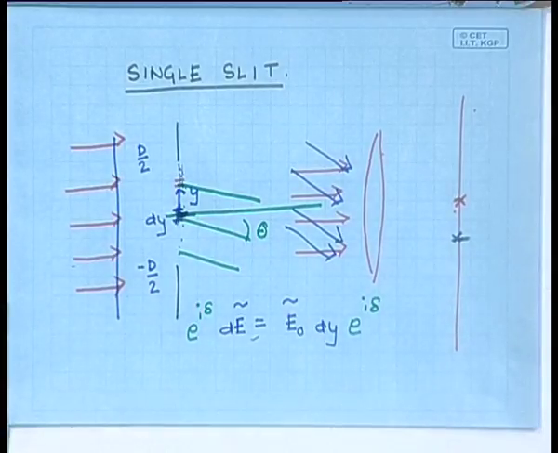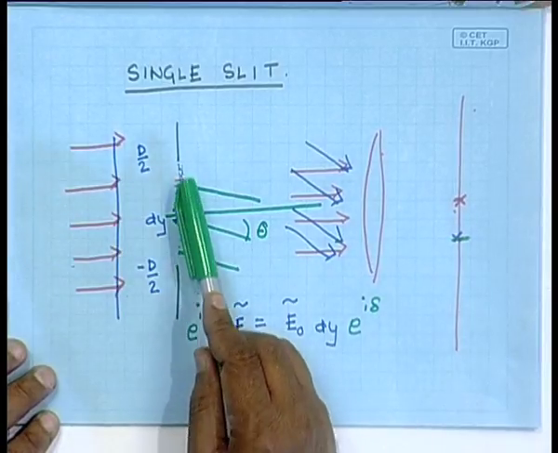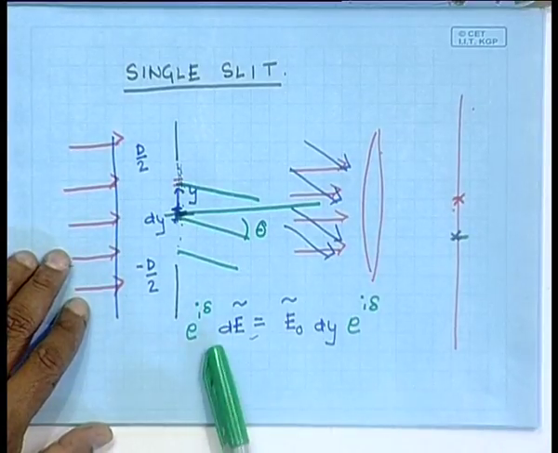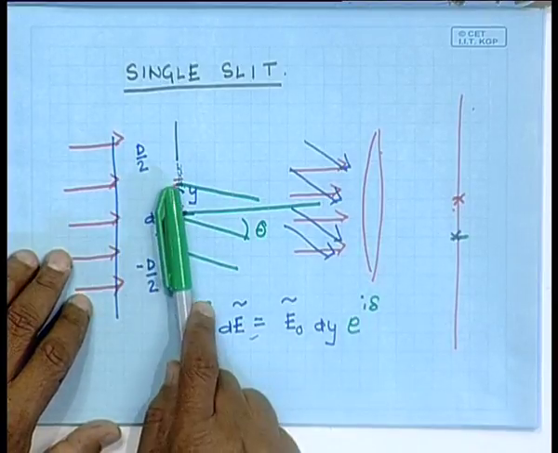Now, when I want to calculate the resultant over here, I have to add up the contribution from all the sources on the slit, which in this case is an integral over y from minus d by 2 to plus d by 2.